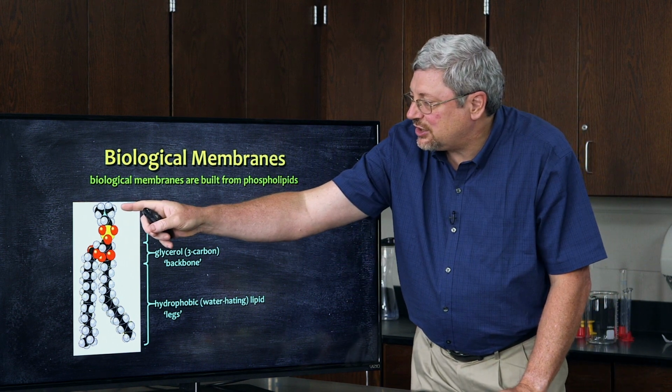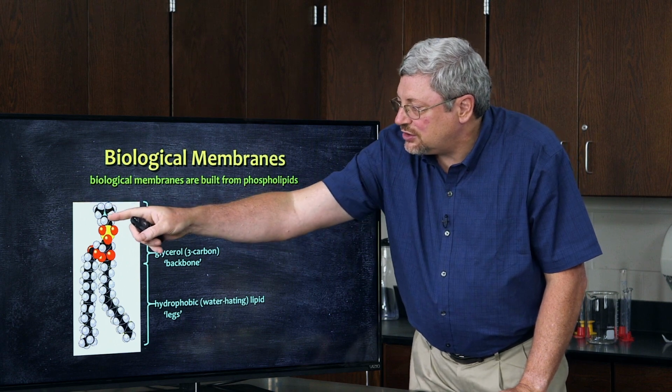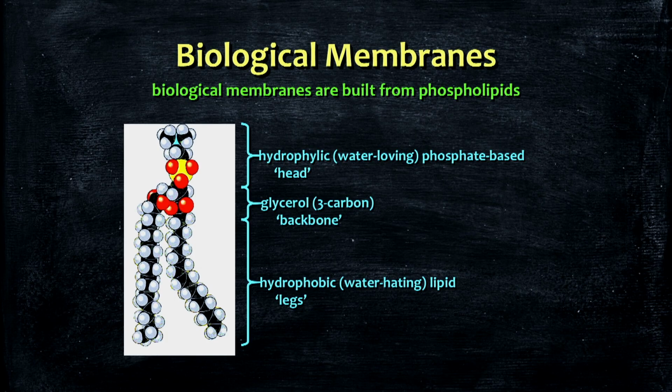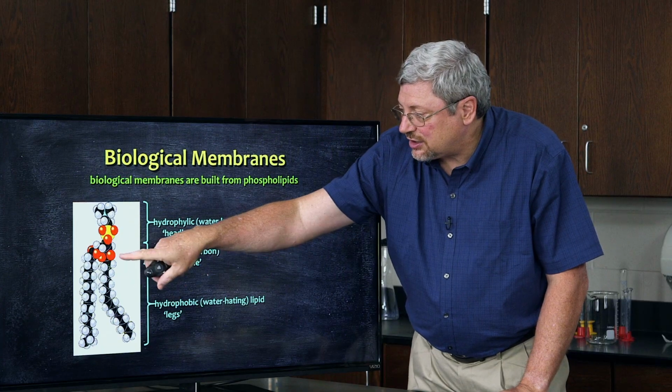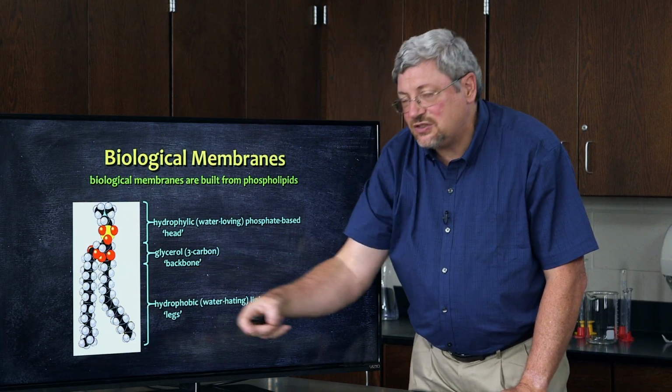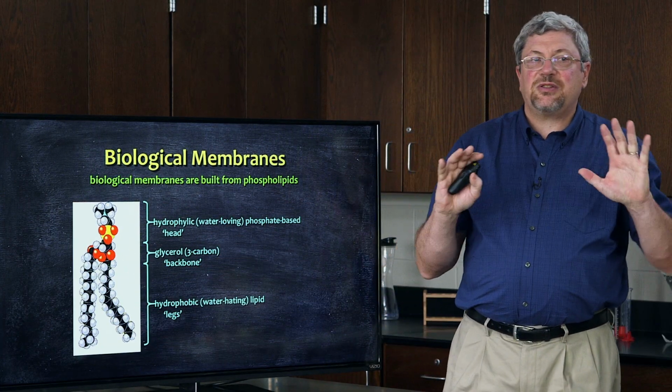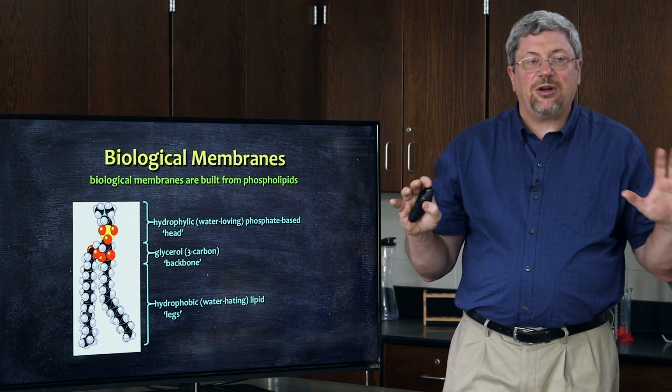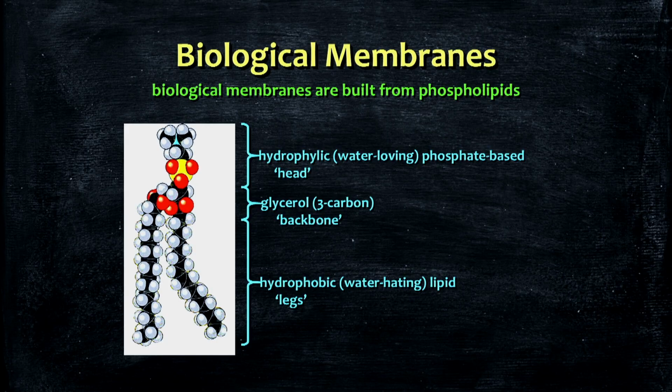This end of the molecule has some electrical charges. This end of the molecule, therefore, likes water. It's hydrophilic. It attaches to water, water attaches to it. The other end of the molecule, however, with these long legs, this part does not like water. It's hydrophobic. It doesn't have any charges. It tries to get away from water if it can.